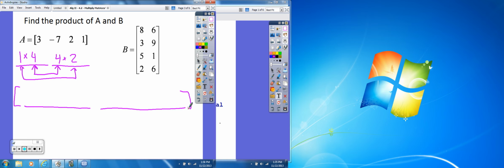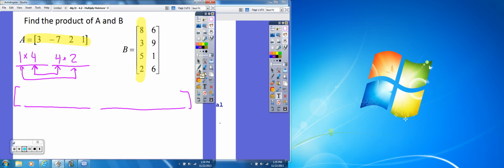You are going to just multiply the places, Caleb. You're actually on the right path. But you have to add them with other places. So in order to get this first spot, this is the first row and the first column of this, right? So I'm going to highlight the first row and the first column of B. I'm going to need to use all those numbers in order to do this problem.